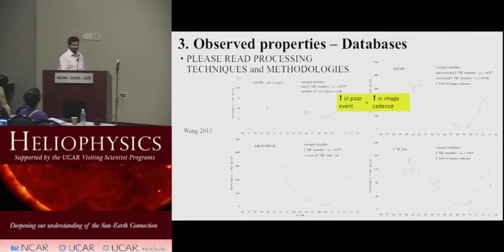This caused a lot of confusion and people were wondering what's going on. But once you get under the hood of an example catalog, this one being CDAW, which is done by manually measuring all the CMEs, what has been found, and not necessarily written in the papers, is that at this point in 2006, the cadence of the images, the number of images per minute taken by the coronagraphs, increased dramatically.